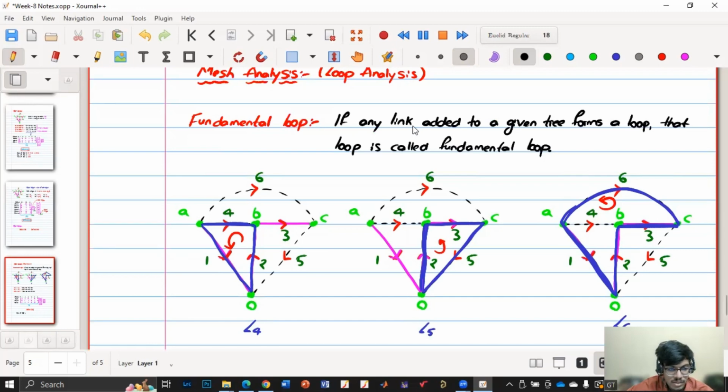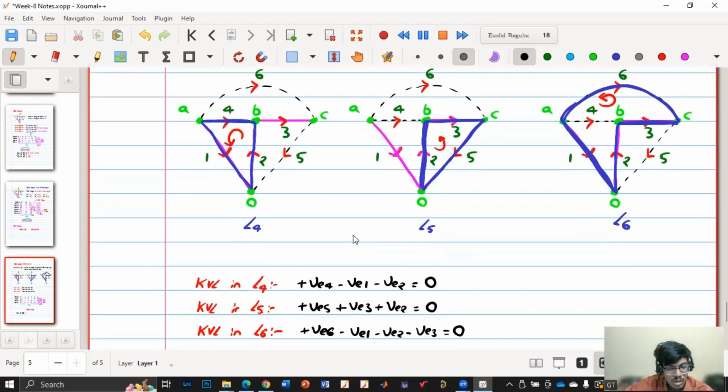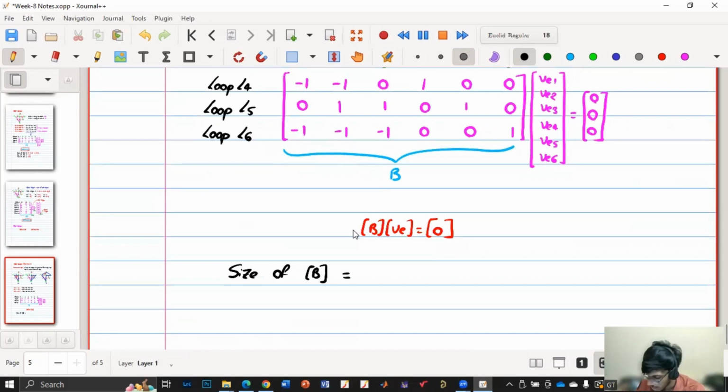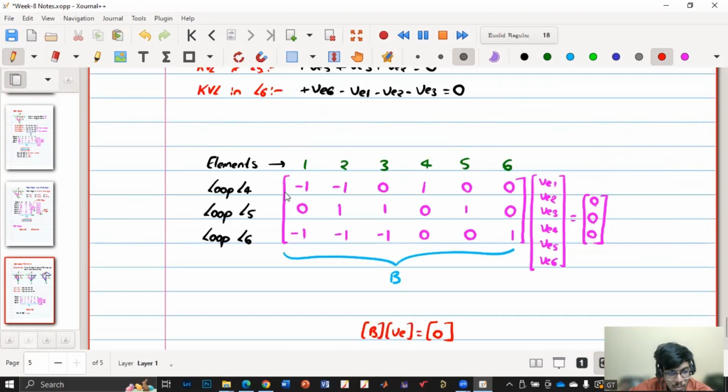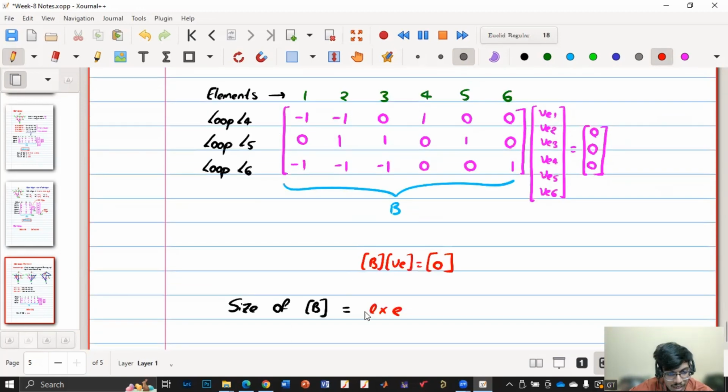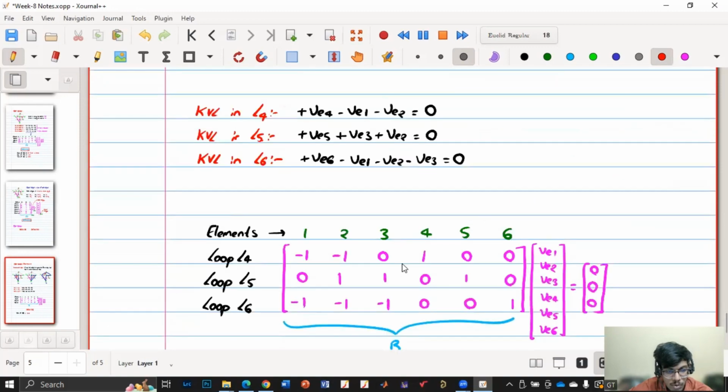So the size of B is number of links cross E. The number of rows is equal to the number of links and the number of columns is equal to the number of elements.